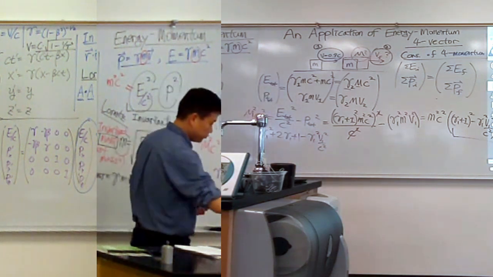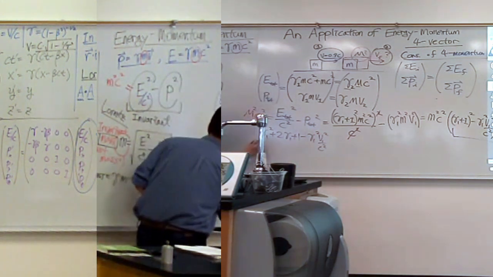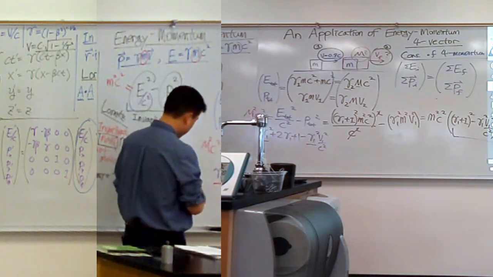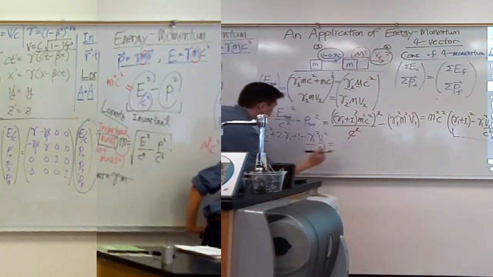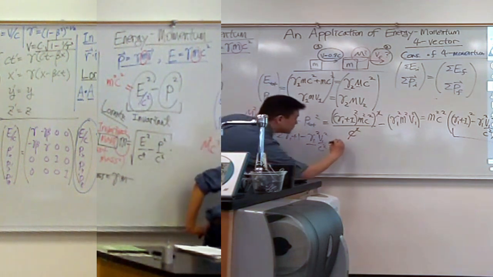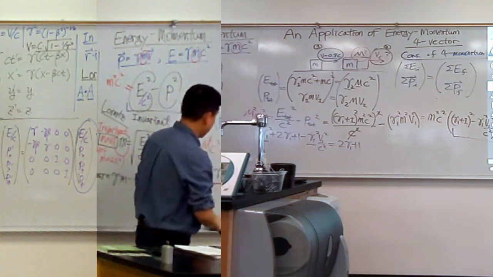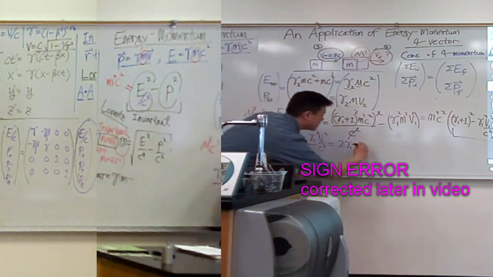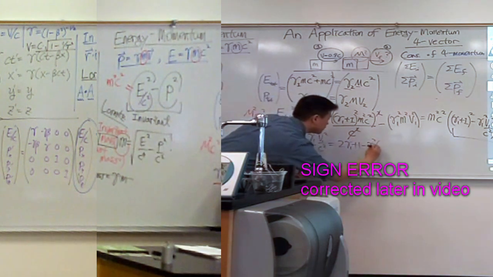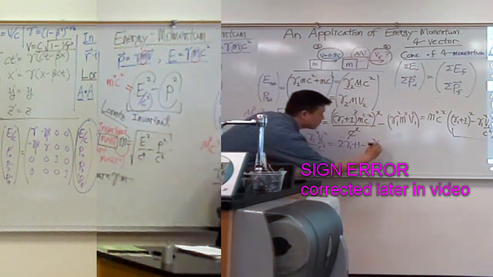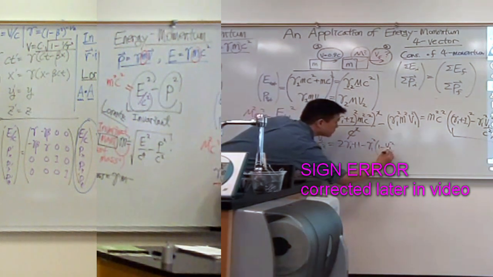I see two like terms that both have gamma 1 squared in them. Let me combine the two. So you get first these two terms by themselves, 2 gamma 1 plus 1, and so minus gamma 1 squared times 1 minus v1 squared over c squared.